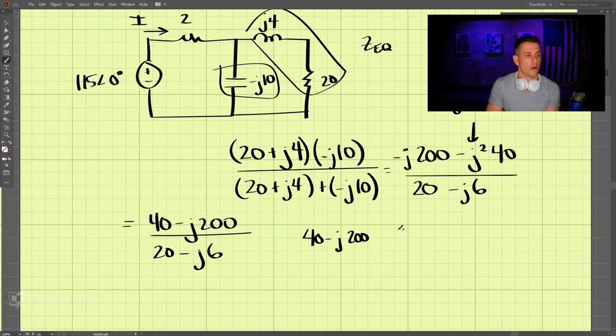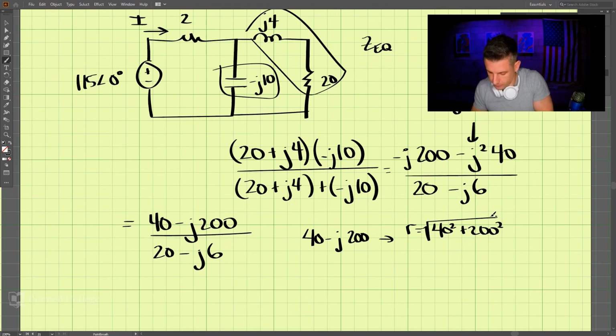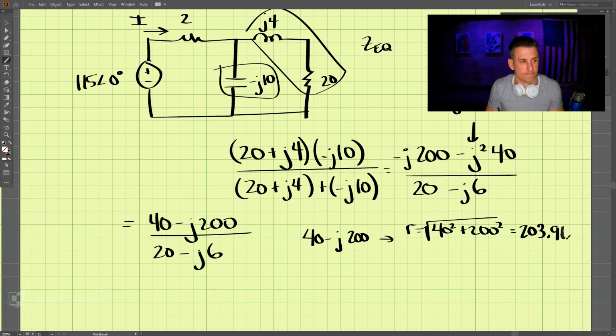Let's see, R is going to be equal to the square root of 40 squared plus 200 squared. So that is 203.96.